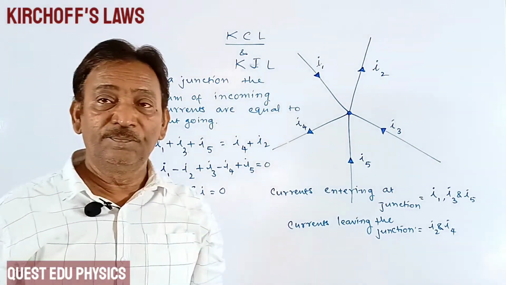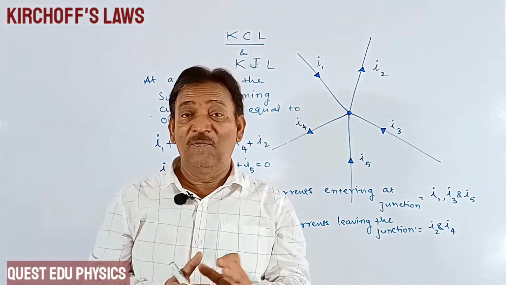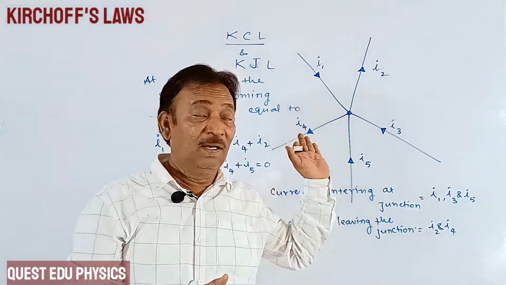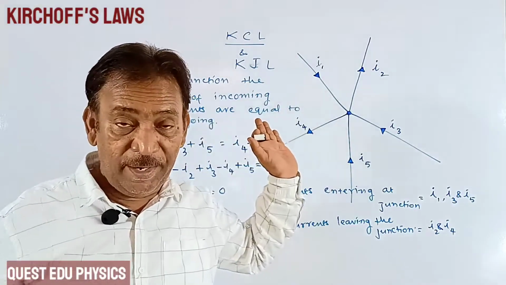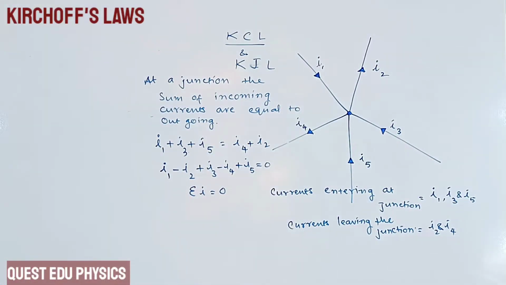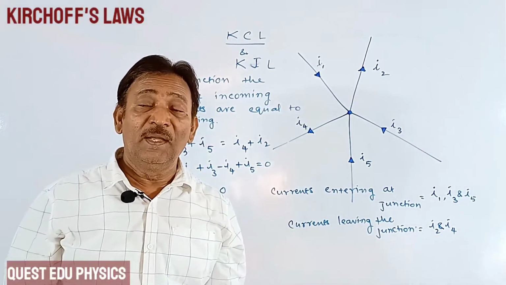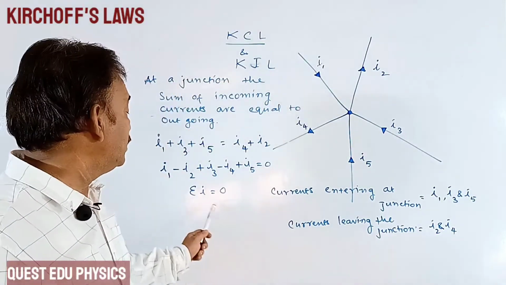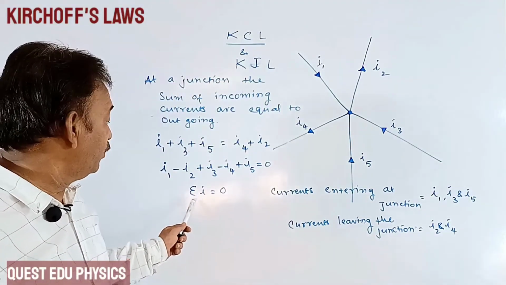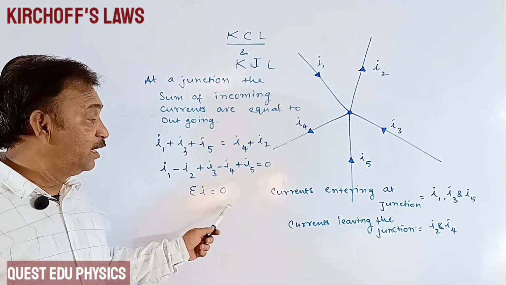We can state this in another way, not only as the sum of the incoming currents equal to the outgoing currents. This can also be stated as the algebraic sum of the currents at a junction is equal to 0.